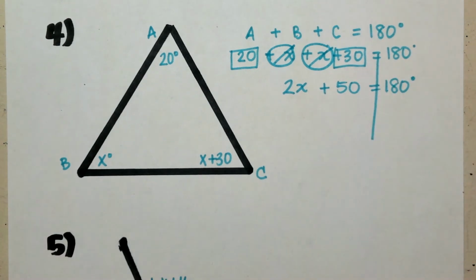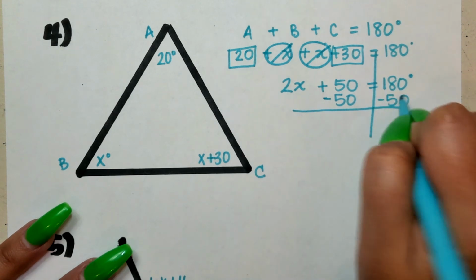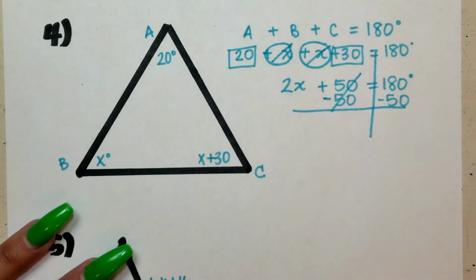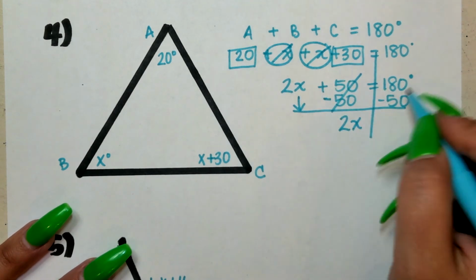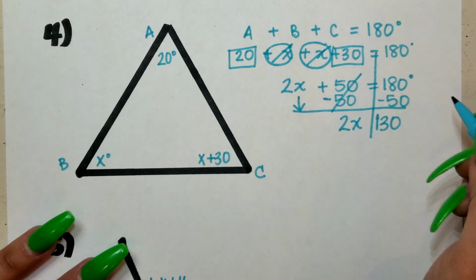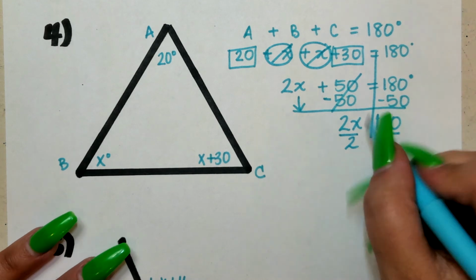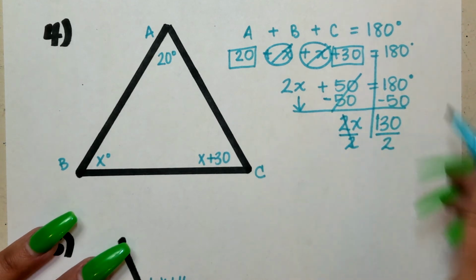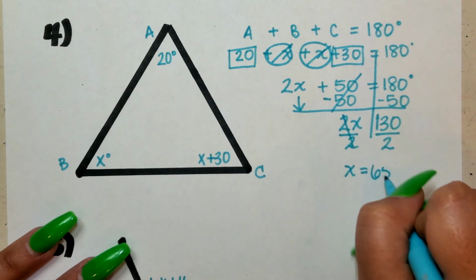Now I want to subtract 50 on both sides. My 50s will cancel. I'm going to bring down the 2x. 180 minus 50 is 130. Then I divide both sides by 2. My 2's will cross off. And x equals 130 divided by 2 is 65.